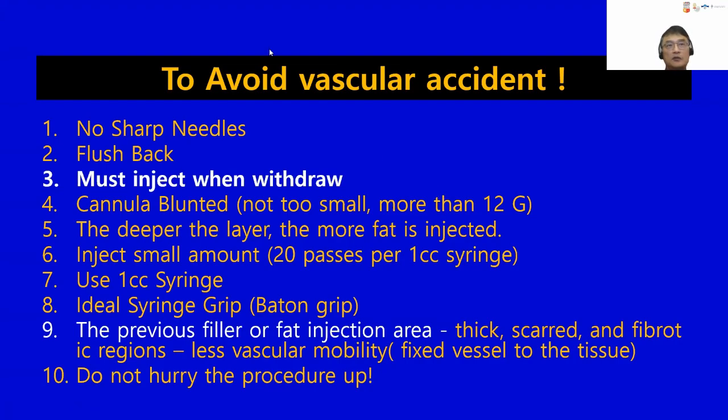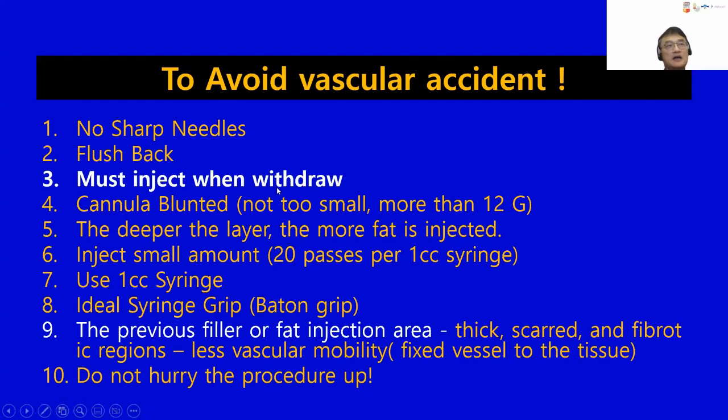Even if the cannula were inserted inside the vessel, when you inject while drawing back the cannula, only a small amount of fat can be injected into the vessel. However, if the fat is injected while advancing the cannula, a large amount of fat can go into the vessel instantly. The cannula should be blunt, larger than 20 gauge.